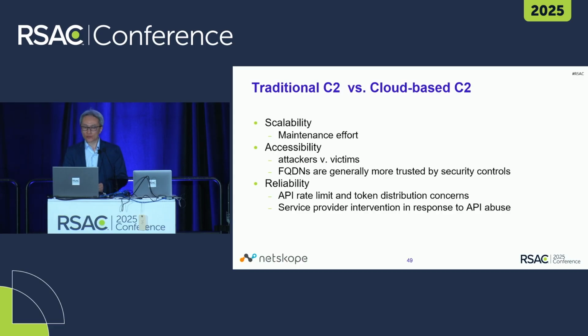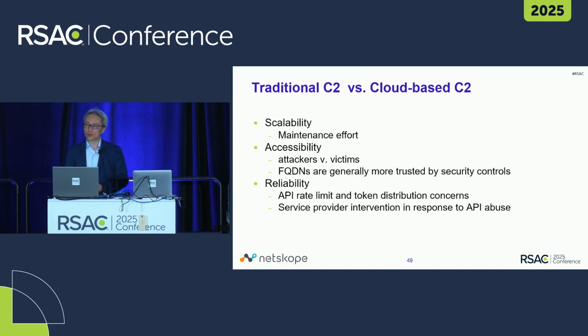The advantage of using cloud-based C2 is that the infrastructure is already out there, provided by legitimate service providers. So the attackers can just focus on communicating with that service, and the client side could pull from the service to check if there's any new command to run.